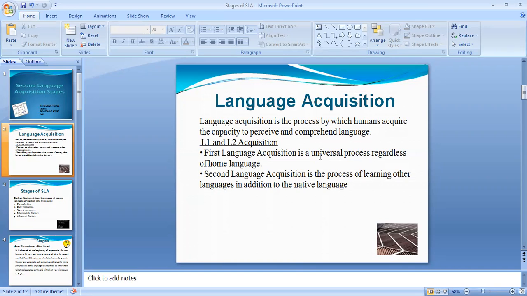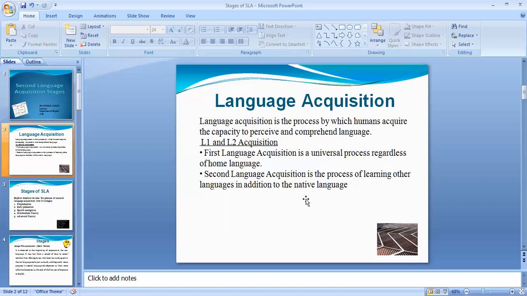Acquisition means it's a natural process, an informal process of acquiring the language. It is based on attitude, a subconscious, unconscious process of acquiring the language.